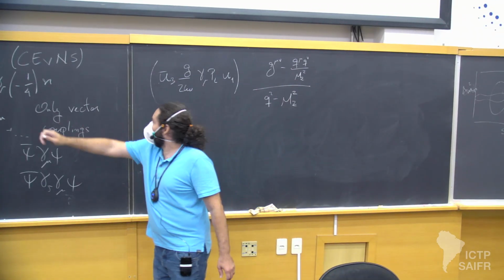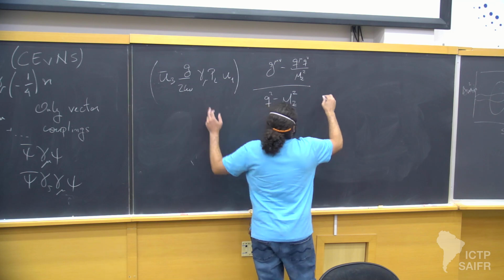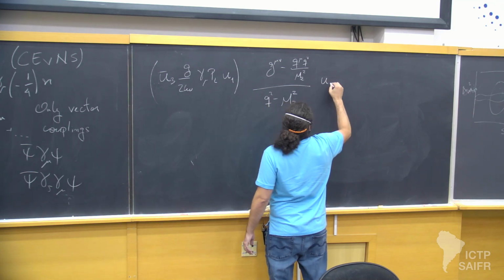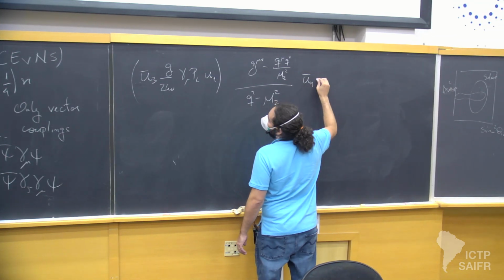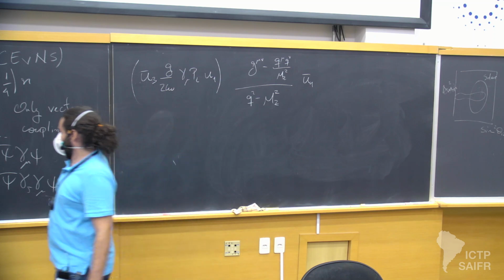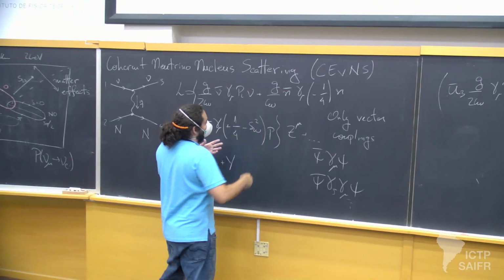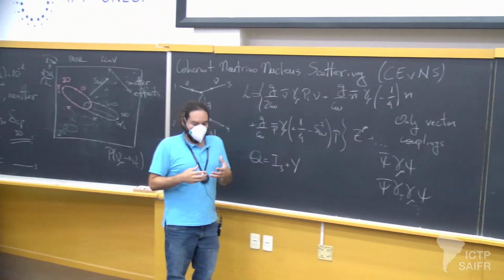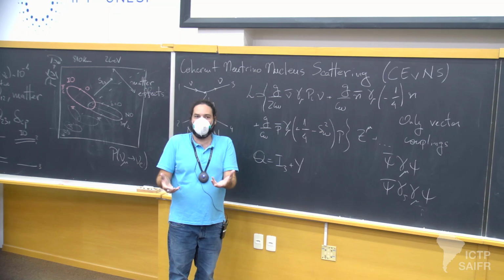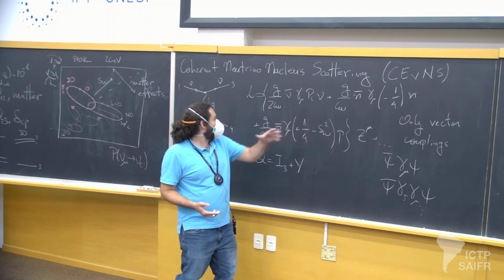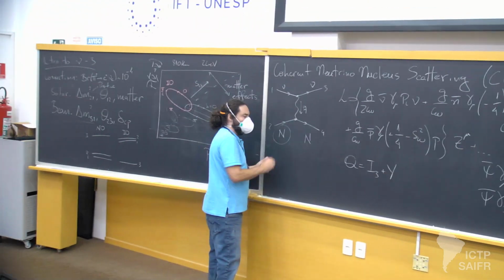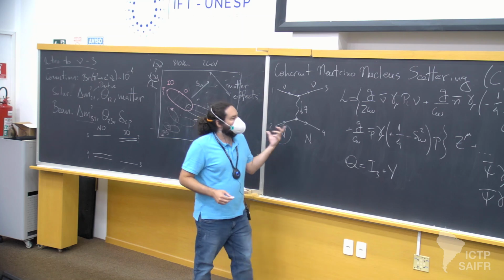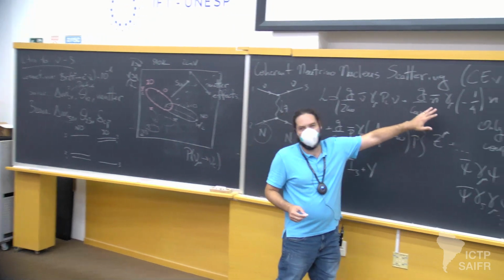And now I go to the other side, and the other side will be very similar to this. U4, let's take this. Because you are interacting coherently with protons and neutrons, that spinor will be the spinor of the entire nucleus, and the charge will be the sum of these charges.